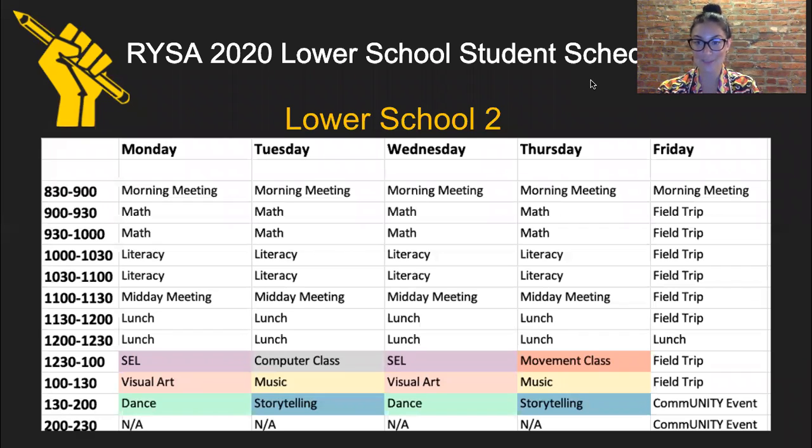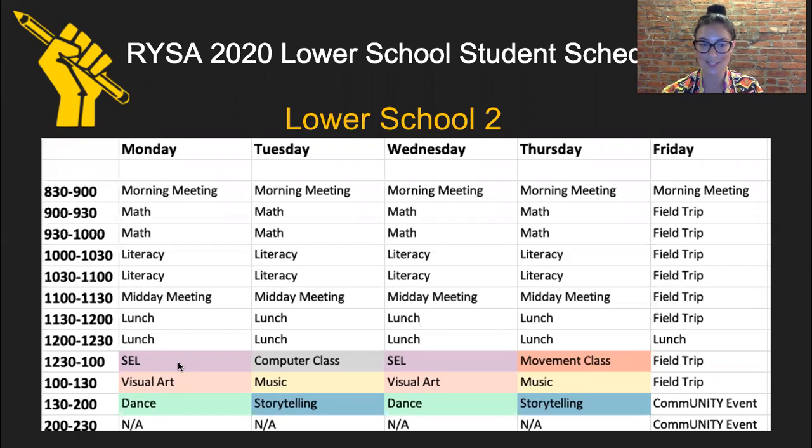Following our guiding principle of consistency and simplicity, notice the similarities with this Lower School 2 student-facing schedule. The mornings look identical to Lower School 1, and in the afternoons, notice the slight changes in when each period, each subject is taught.